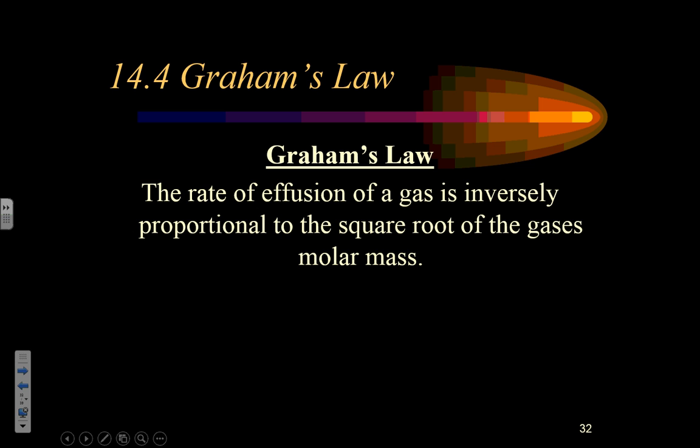What I want you to understand for Graham's law at this level of chemistry is the implications of this idea: that the rates of effusion and diffusion are inversely proportional to the square root of the gas's molar masses. And remember, the molar masses were tied to velocities, and it was the inverse of the velocity. So what that fundamentally means is the bigger the mass, the smaller the velocity to get to the same average kinetic energy.